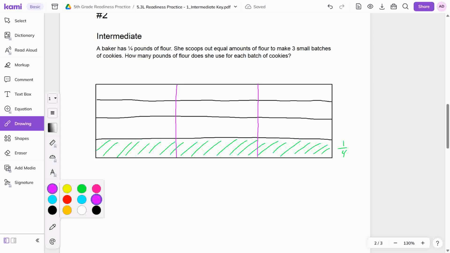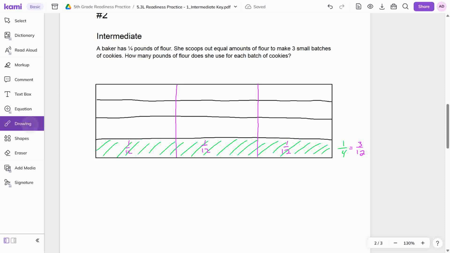Now, how many pounds of flour does each batch use? Well, what is my new fraction, right? I've got 1, 2, 3, 4, 5, 6, 7, 8, 9, 10, 11, 12. So each of these is now going to be 1/12. And my 3/12 is equal to 1/4. Those are equivalent fractions because I need 3 pieces because there's 3 small batches.